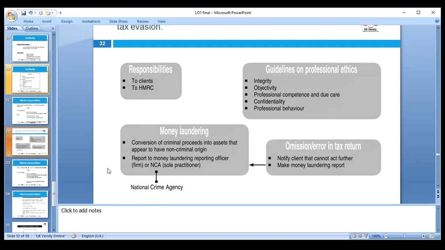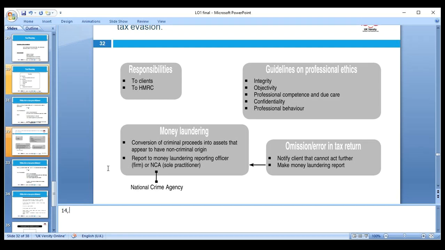Responsibility. Yes, as accountants we always need to follow the Money Laundering Act. Do we know the imprisonment, how long? Is it 10 years? If you are involved in money laundering it is 14 years.